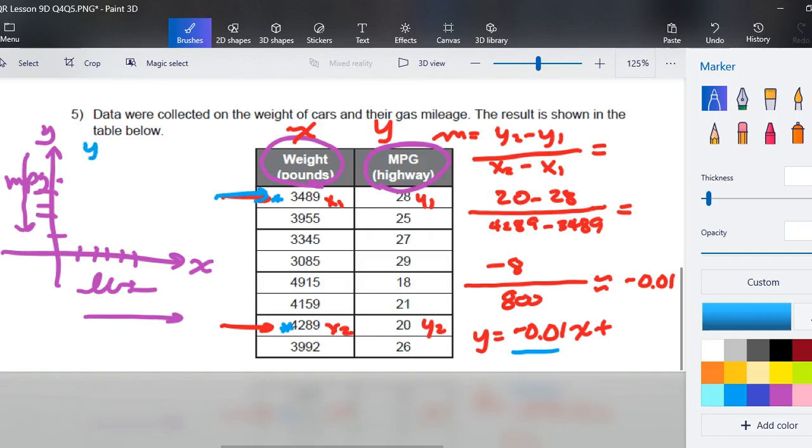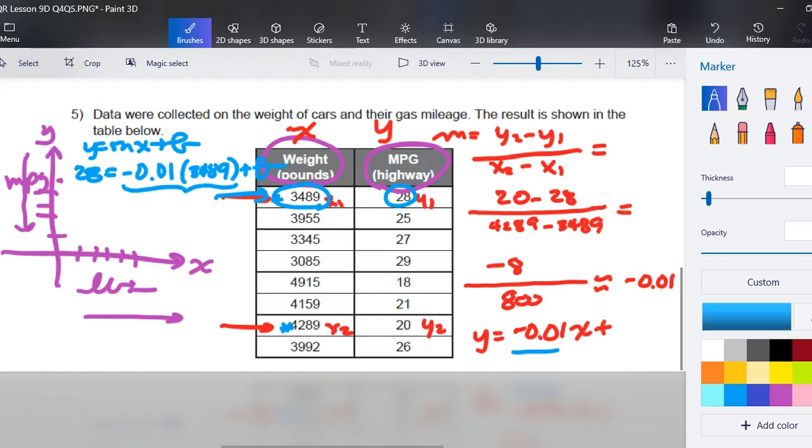So in y equals mx plus b, I'm going to use my y of 28, my m of... Oh, I'm already messing up. Sorry. So I have 28, which is the y right here, equals m, what we just calculated, times x, plus b.